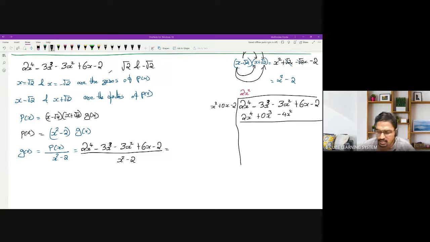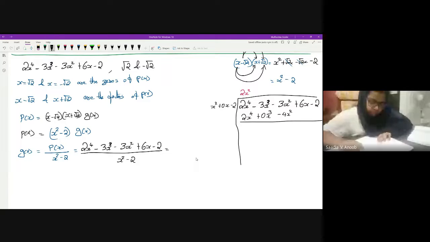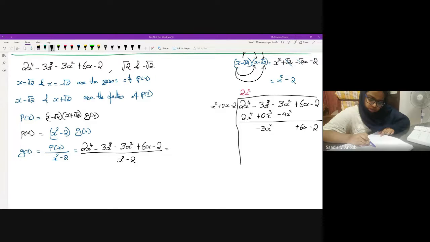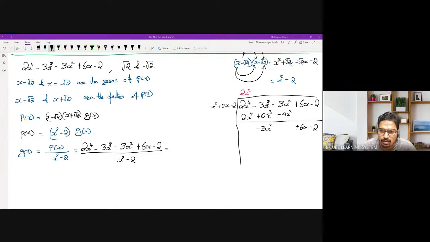On subtracting, Sadia, what is obtained? Sir, minus 3x cube, minus 3x square minus 4x square, yes, plus 1x square, plus x, minus 6, minus 2.